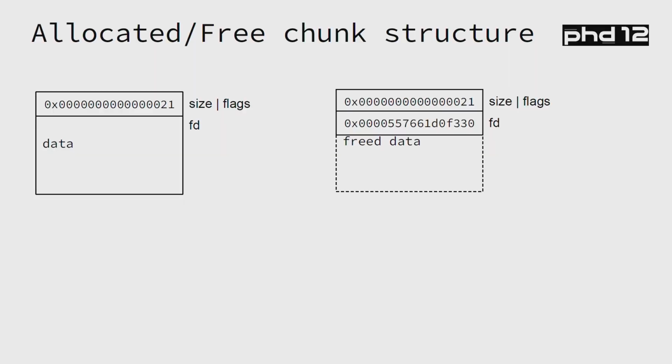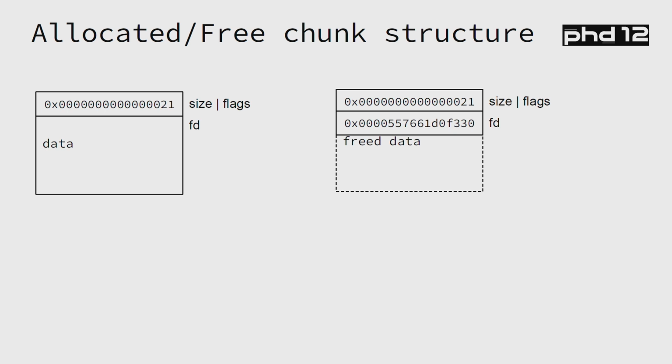But I should also remind you how libc works. Allocated and free chunks look slightly differently. What they do have in common is that at the very beginning, they have the chunk size and some flags. We don't care about flags today, so I won't even talk about them.